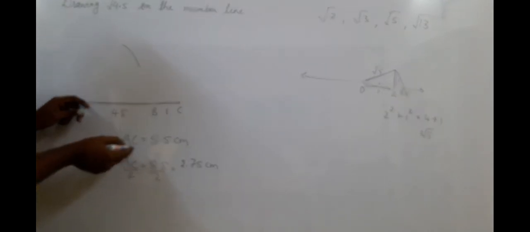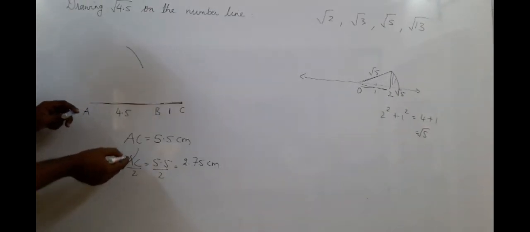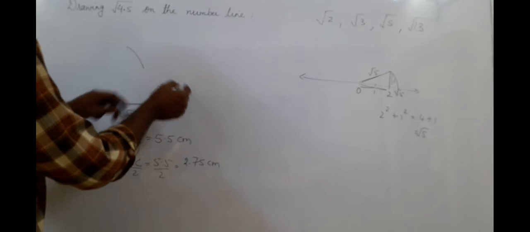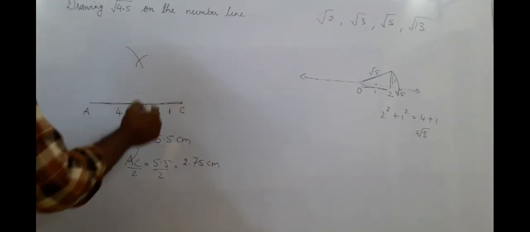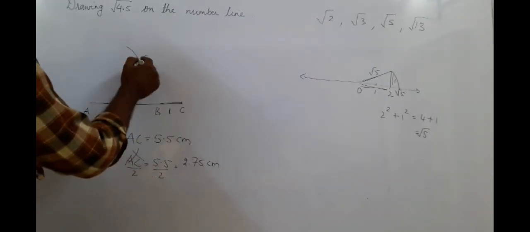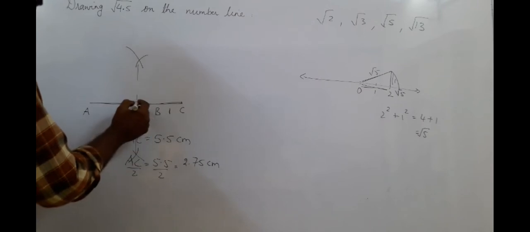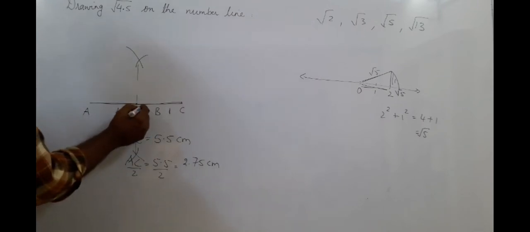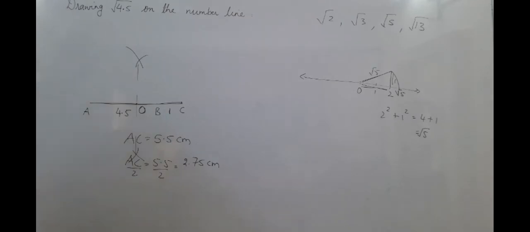And on the other side also, with the same radius you draw a curve. Similarly, with the same radius from point C, you draw a curve on the top and a curve at the bottom. Now you join these two lines. When you join these two lines, you will get the midpoint. Let us call it O. So technique is given how to find the midpoint. That is done by the rounder.